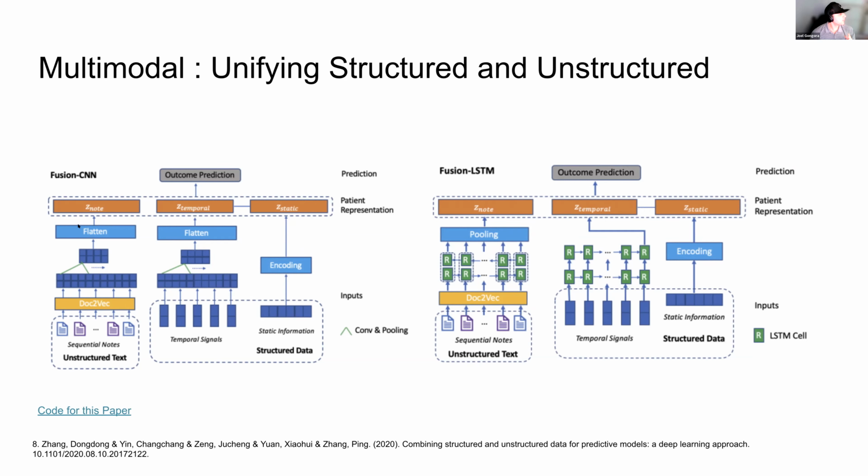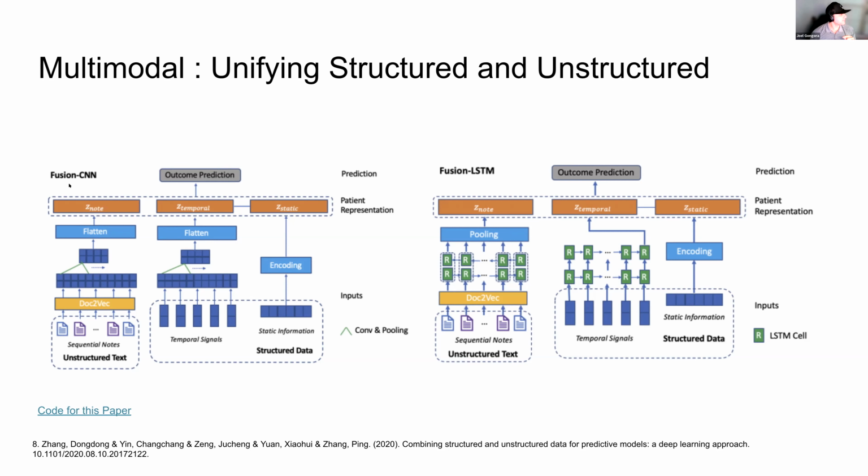That flattened array is going to create a vector that is an embedding of that one note. This note is now represented as a vector. We do the same thing for temporal signals, or if we're working with geospatial data, we're going to flatten it, do some transformations, and then also represent that as a vector. And any structured data also gets represented as vectors in this case.